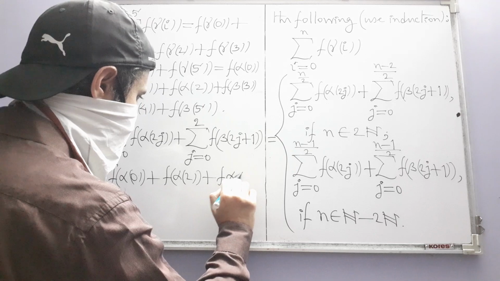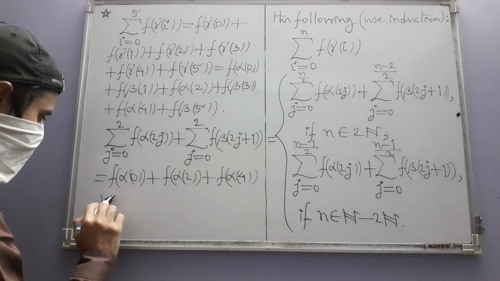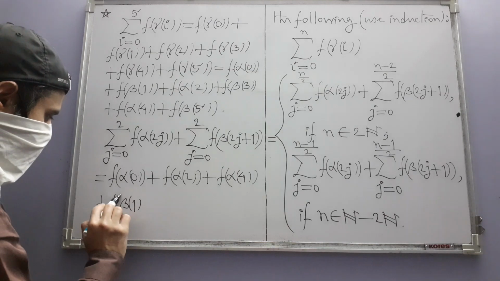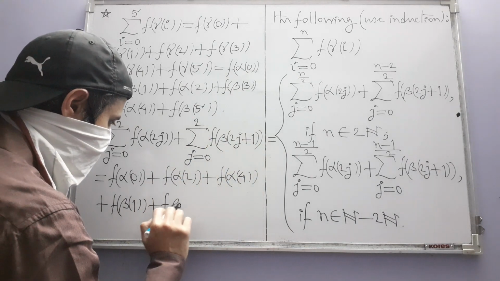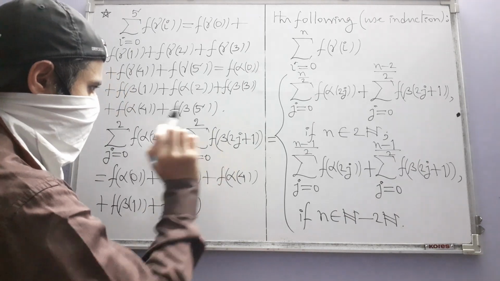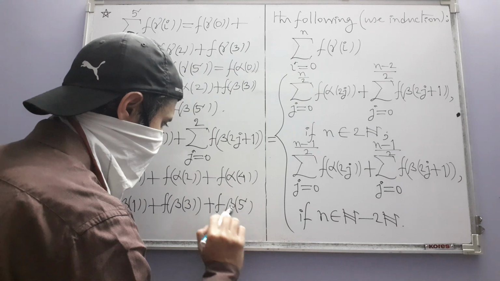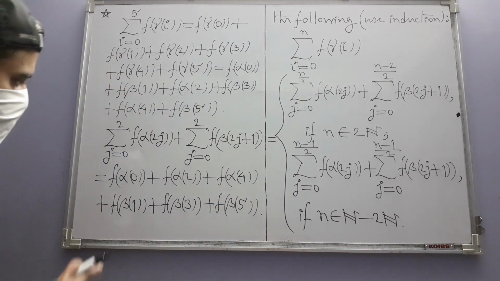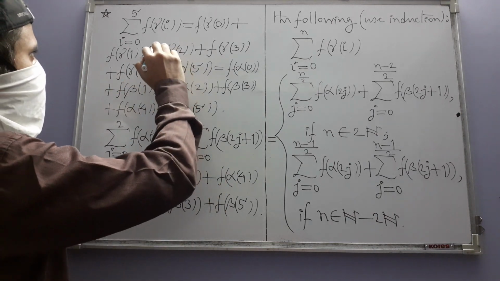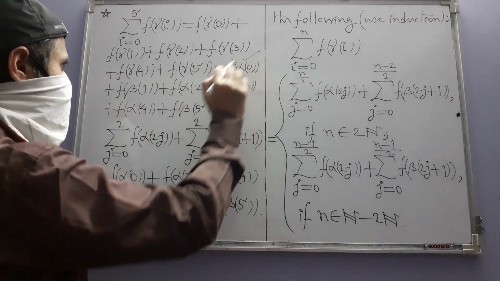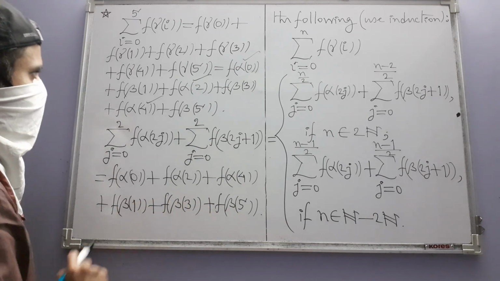And from this one, for j equal to 0, f of beta of 1. For j equal to 1, 2 times 1 plus 1 is 3, f of beta of 3, and for j equal to 2, 2 times 2 plus 1 is 5, beta of 5. So alpha of 0 to 4, beta of 1, beta of 3, beta of 5.